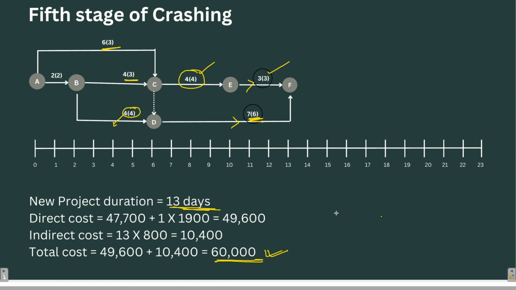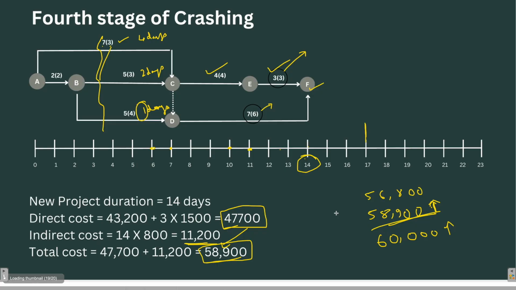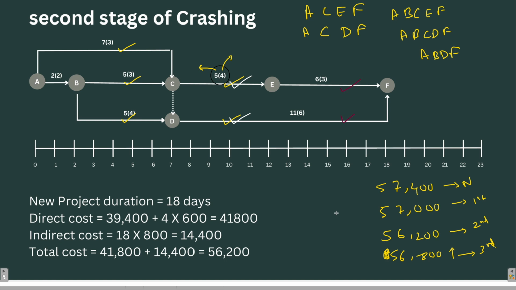Let's check further. After the second stage of crashing, the cost was 56,200, which was the minimum cost, right? And the project duration was 18 days.